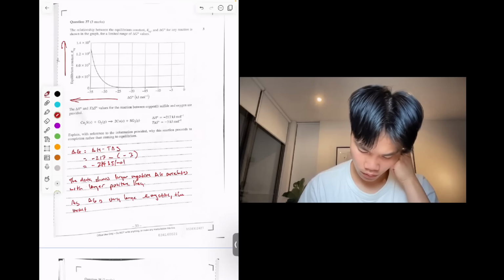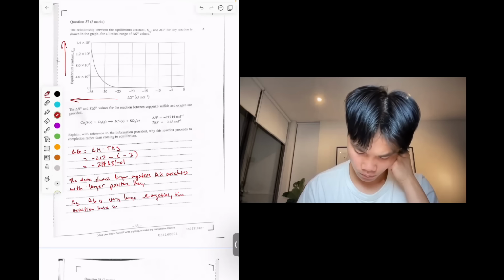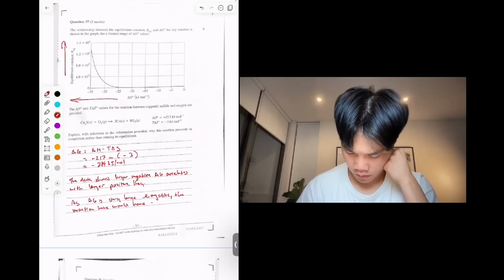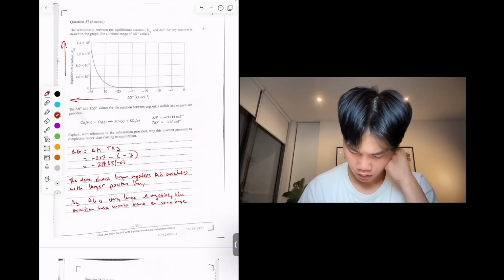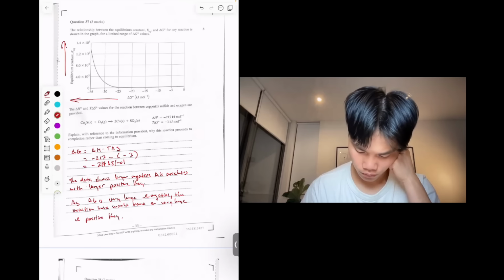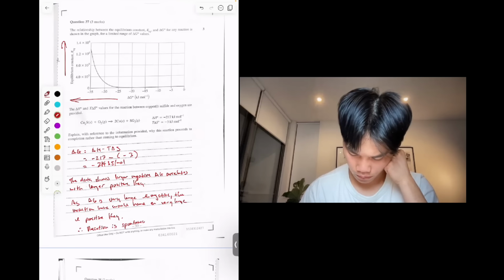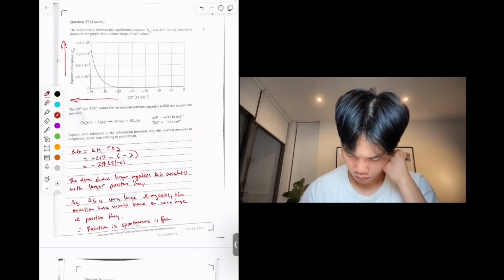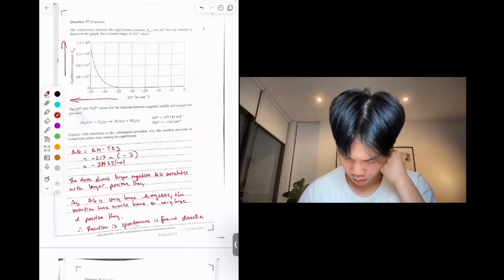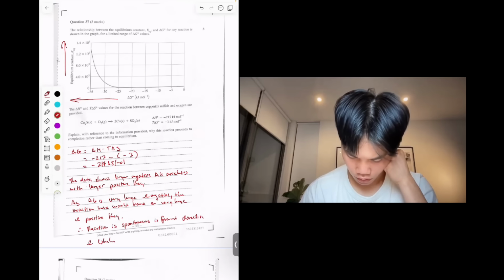The reaction here would have a very large and positive KEQ. Therefore, the reaction is spontaneous in the forward direction and likely proceeds to completion.